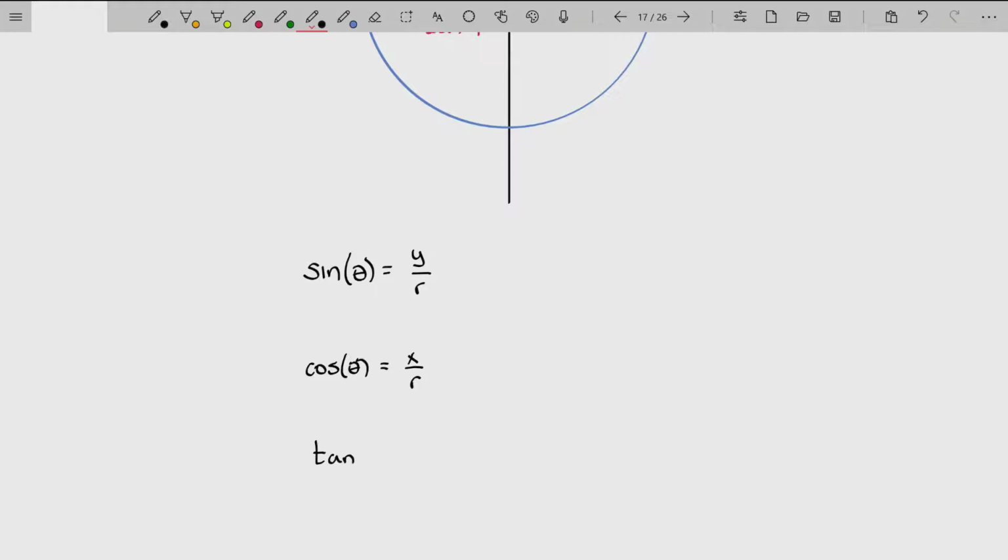The tangent of theta will be y over x. That doesn't change. And then the reciprocals are just the reciprocals, right? So the cosecant of theta is going to be the radius over y, and the secant of theta is going to be the radius over x, and finally the cotangent of theta is just going to be x over y.